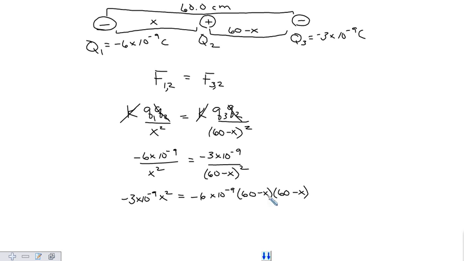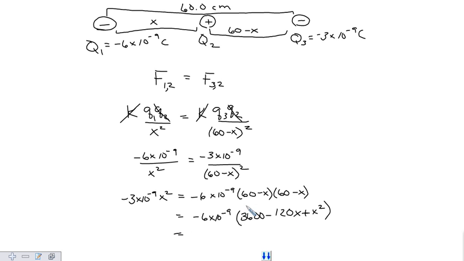When I just FOIL these two, I get 3,600, 60 times 60, minus 120x, plus x squared. That's going to be multiplied by negative 6 times 10 to the negative 9th. Still working with this side.